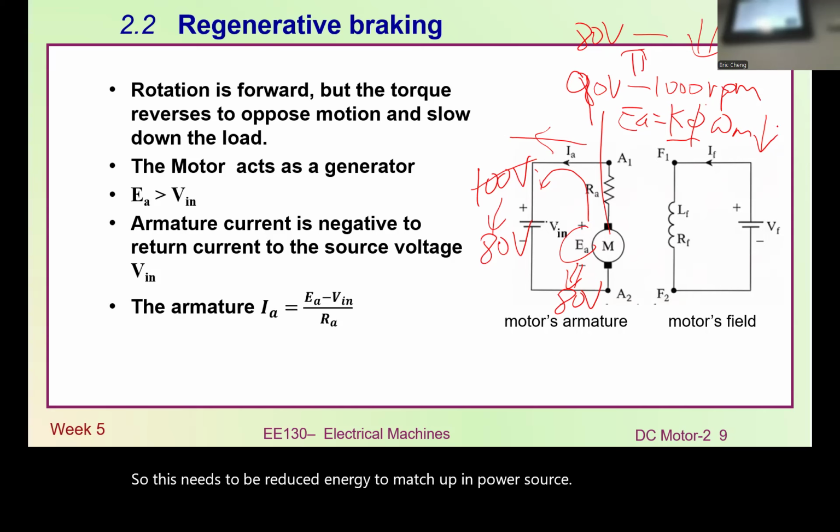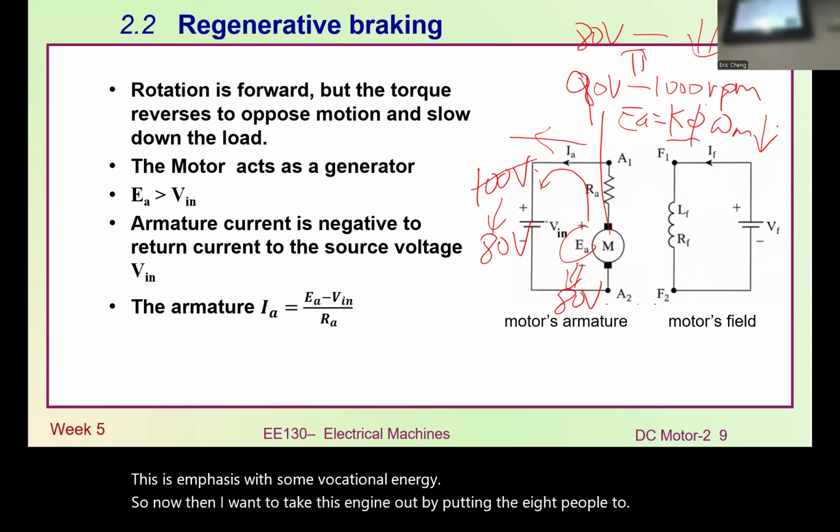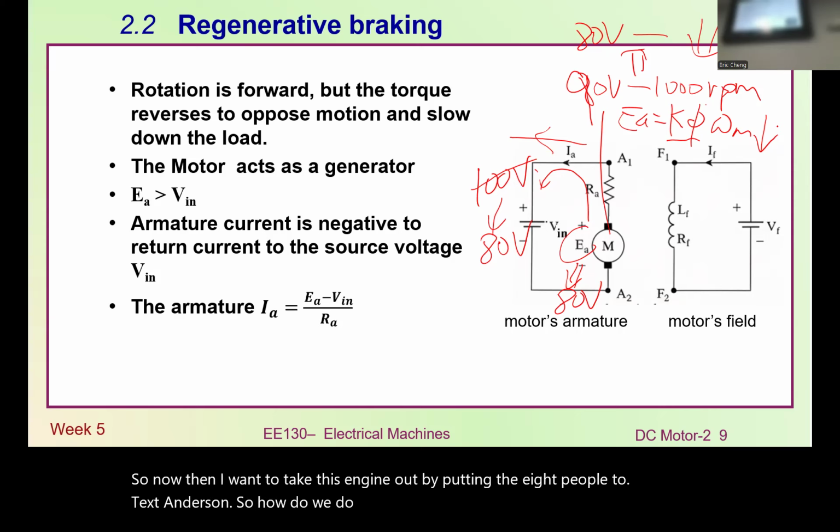So basically we say this is energy source with some rotational energy. Motor will take the constant, and some energy will be saved, 90 volt to certain 1,000 RPM energy. So now then I'm going to take this energy out by putting the 80 volt. So how do we do that? When the current comes out into here, the energy is reduced.